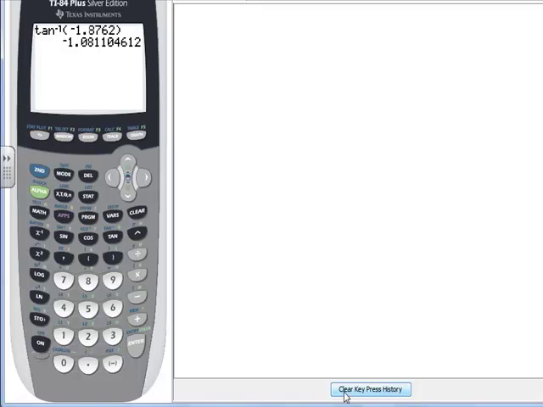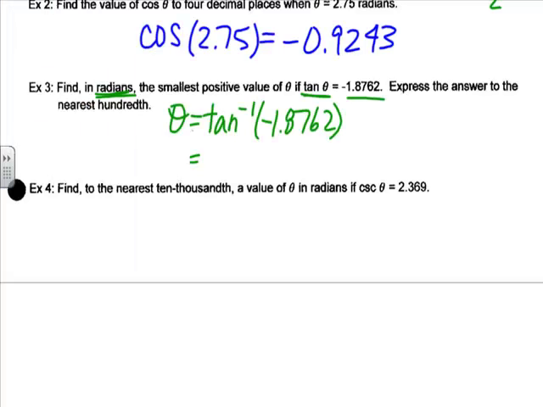I think it's asked us to round to hundredths, but I'll drag a couple decimals: negative 1.0811. Okay, so we have a problem because this is asking us to find the smallest positive value.